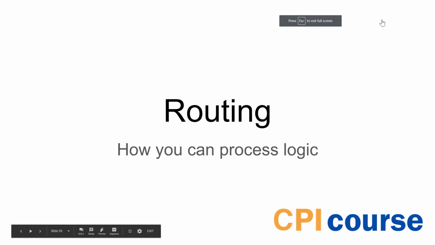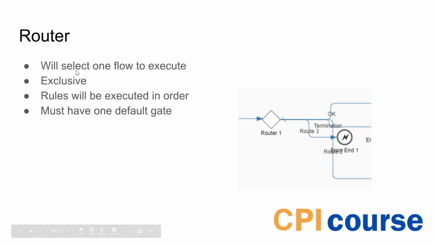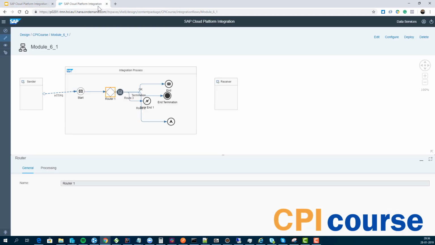I just want to talk a little about routing. With routing, you have an exclusive gateway that will process the different events in the order they occur, and it will run the one that matches the expression. There must be a default gate that will be processed at the end. That brings us to this experiment that we're creating.